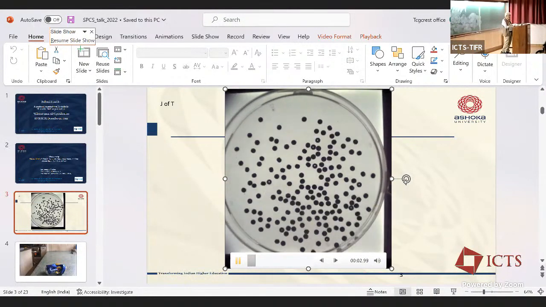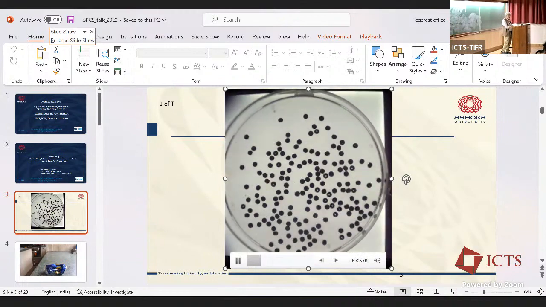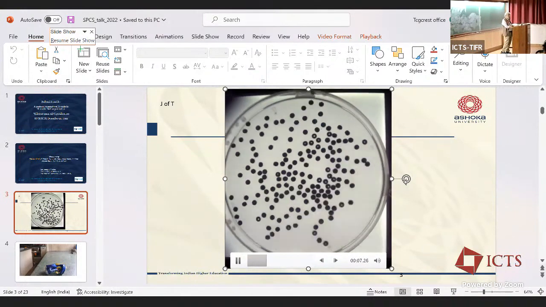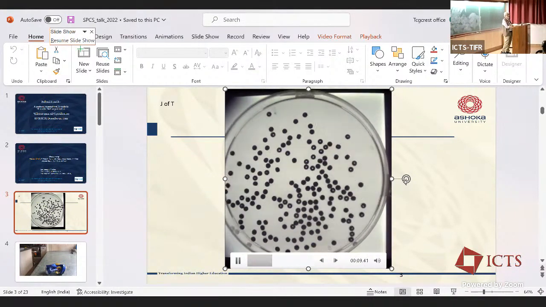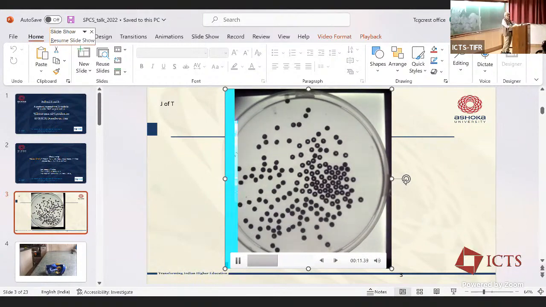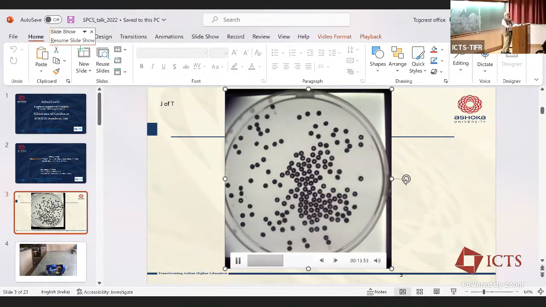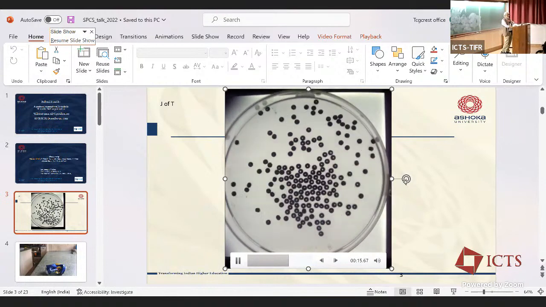Is there anything particular about this experiment? It's always hexagonal. It's a triangular lattice. We have never seen any lattice other than triangular.